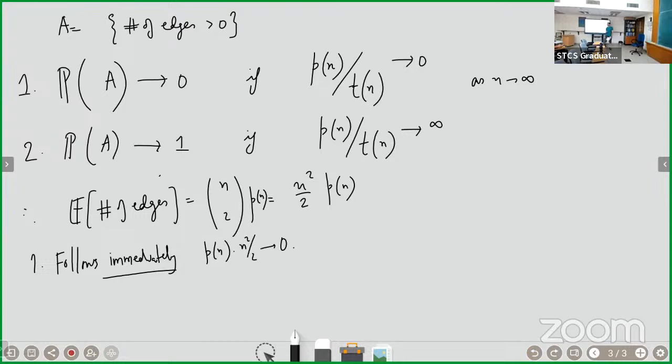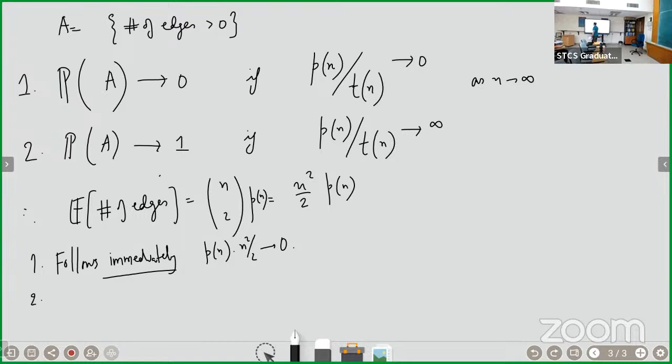Essentially, it's a positive random variable whose expectation is going to go to 0. So it's necessary that the probability of the random variable taking a non-zero value better go to 0. The other direction is not obvious.